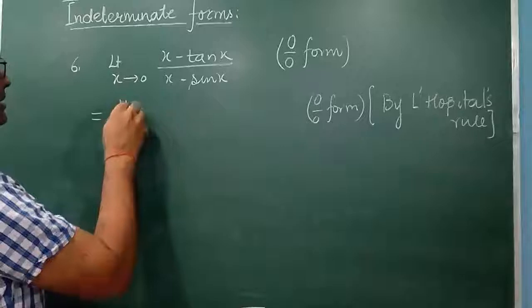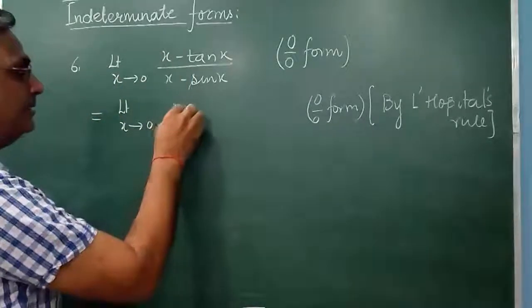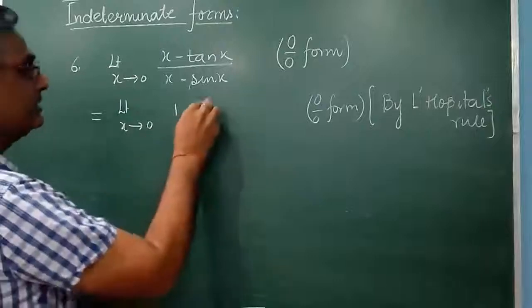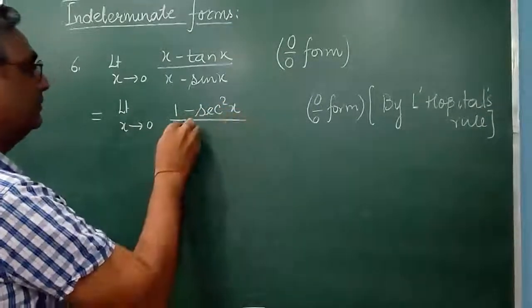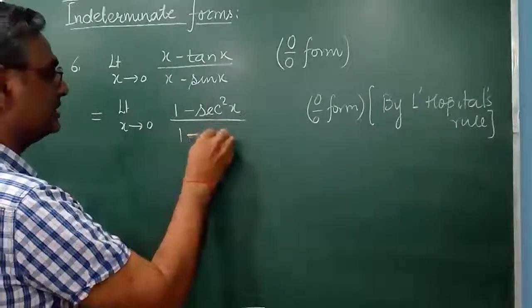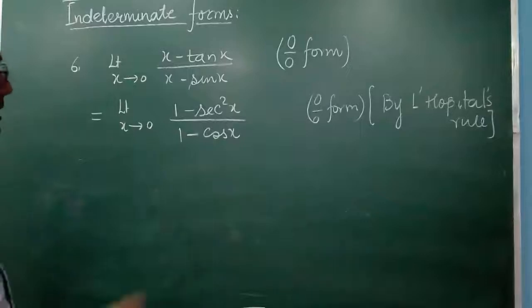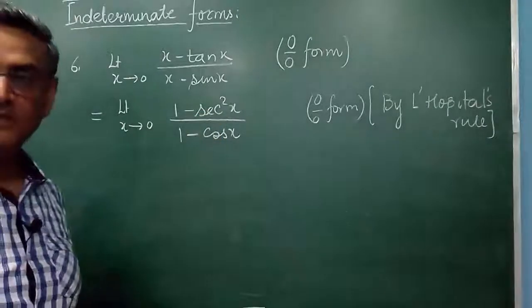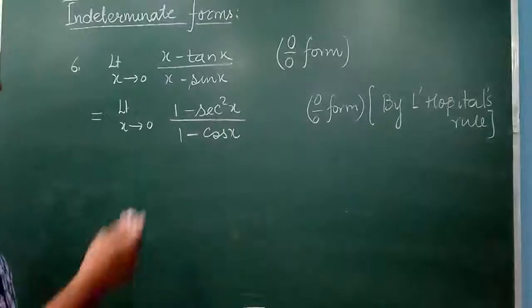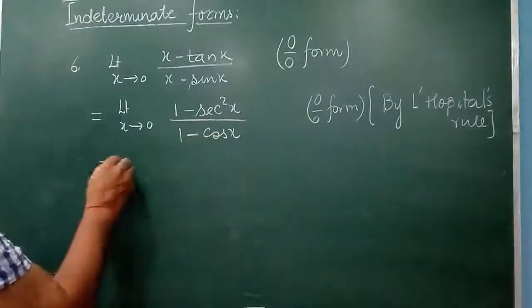So here limit x tending to 0, this is 1 minus the differentiation of tan x, which is sec square x, upon 1 minus cos x. Now if I put the limit here, sec 0 is 1, cos 0 is 1, so this is 1 minus 1 is 0. So again this is 0 by 0 form. What we have to do again?